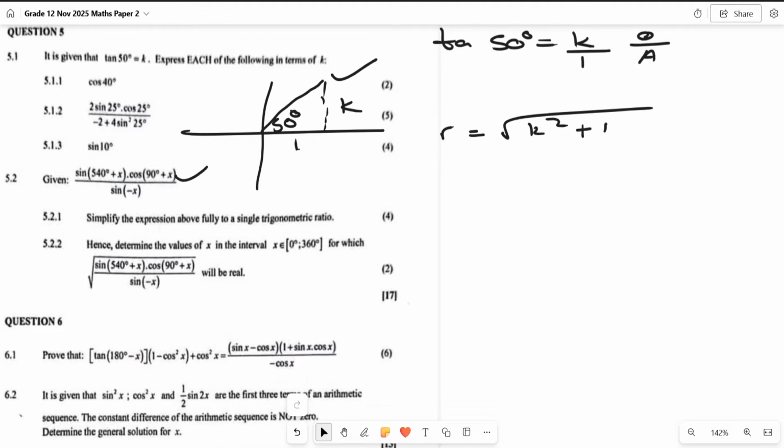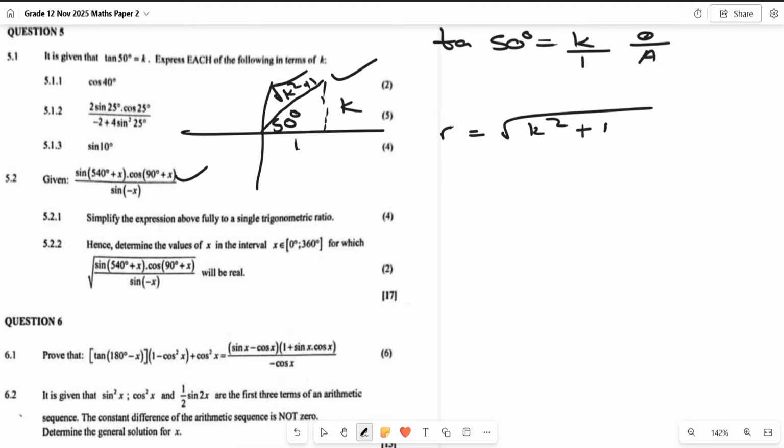Some of you guys are going to come at me in the comment section. I'm too playful, aren't I? That is going to be our radius: the square root of k squared plus 1. That is what we have over there.